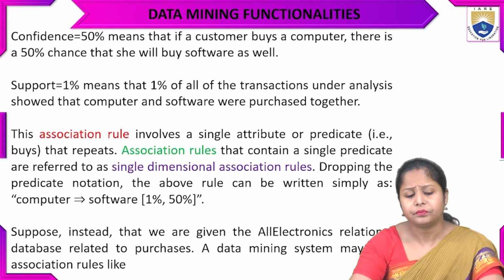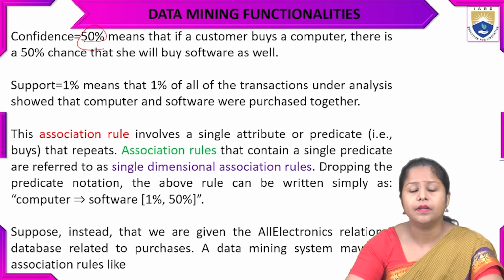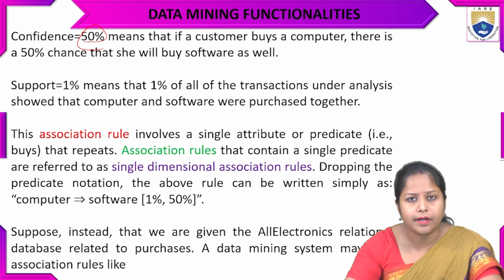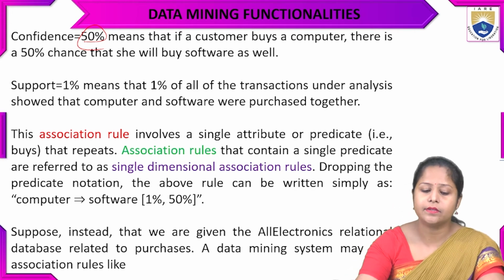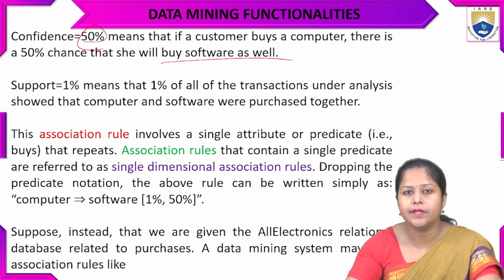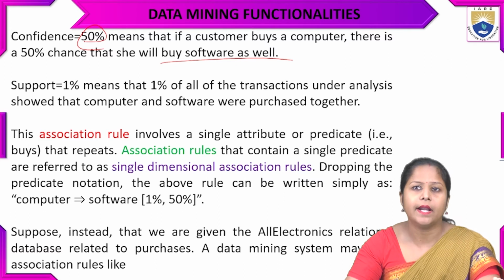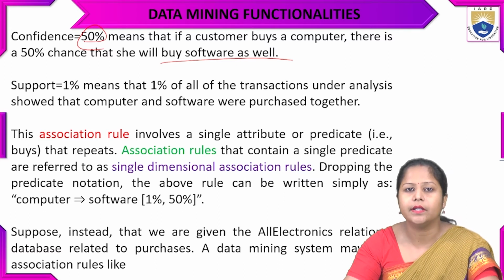Here 50% confidence means if a customer is going to buy a computer, there is a 50% chance that he is going to buy software as well, right? The confidence is the surety that if the customer buys a computer, then with 50% chance he will buy the software also.